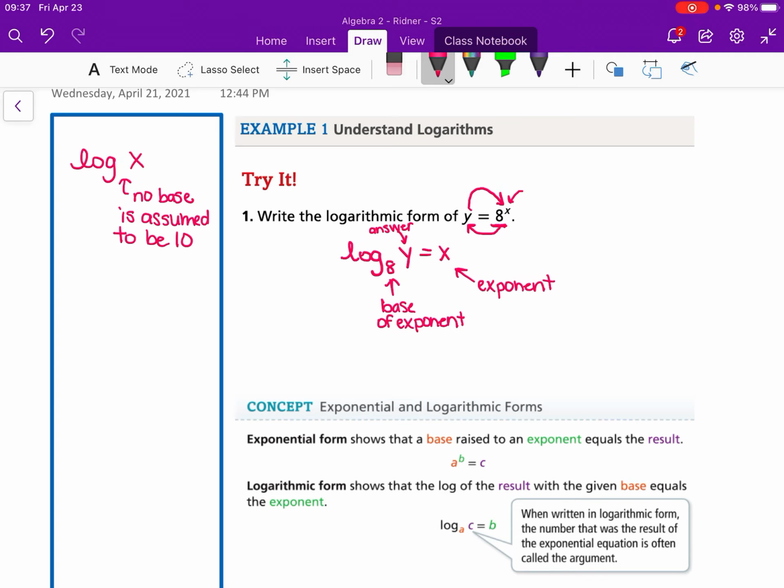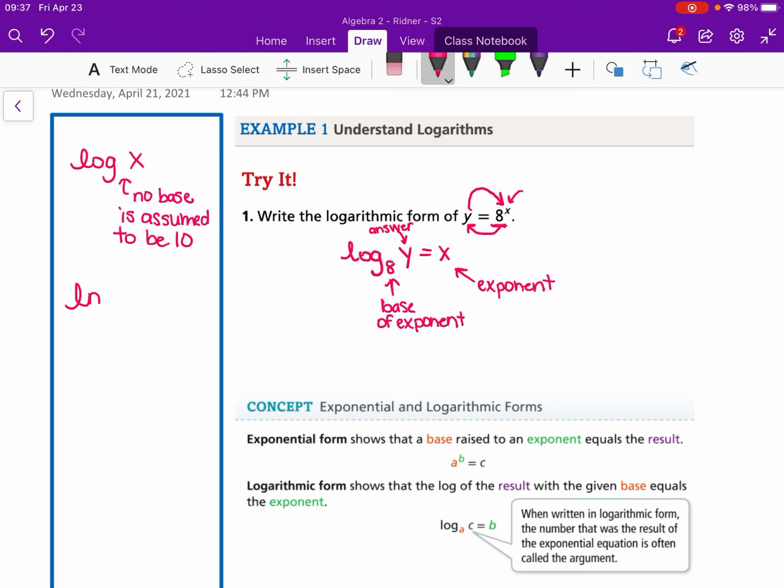Okay? So if there's no base, it is assumed to be base 10. Mathematicians are lazy. They call this the common log because it is most common. And so they do not want to actually write out 10, and so they just leave it off.